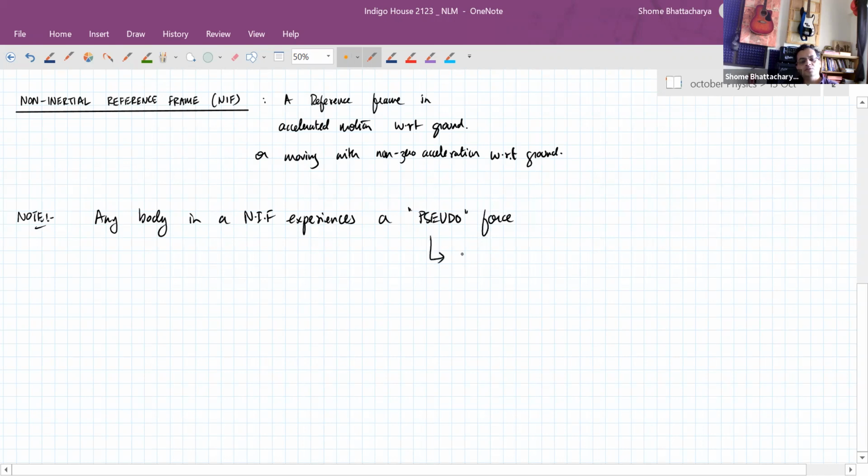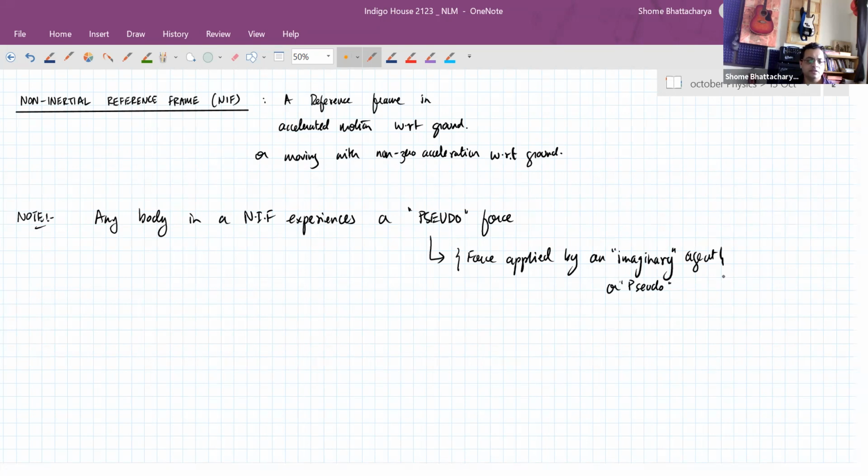So the term pseudo is used for imaginary, but here it is used because it is a force applied by an imaginary agent. It's not that the force is imaginary. The agent who's applying the force is actually the nature of motion of the non-inertial frame. So it's not really an external agent who's applying the force. So hence it is called a pseudo agent or an imaginary agent.